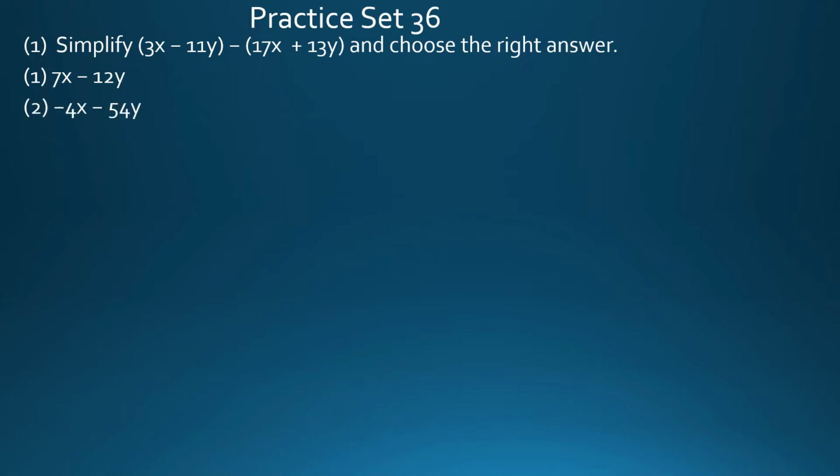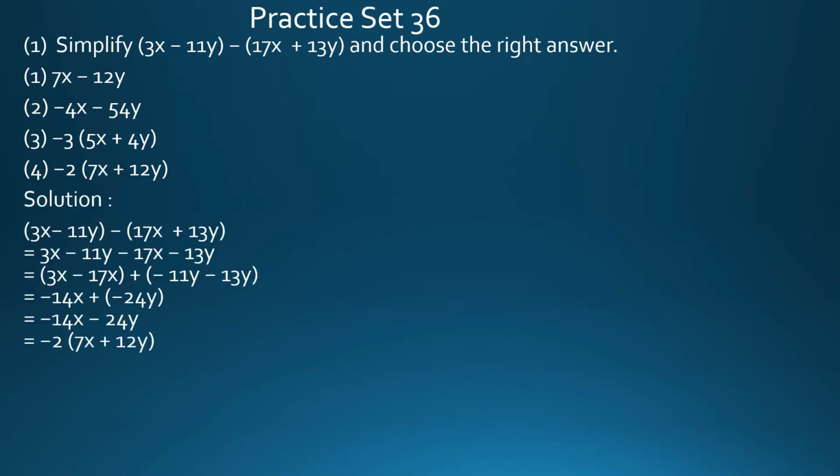Second option is minus 4x minus 54y. Third option is minus 3 into (5x plus 4y). And the last option is minus 2 into (7x plus 12y). So we have to simplify the given expression and choose which is the right option out of these four options.